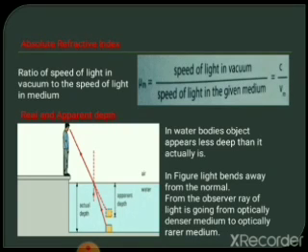As you can see in this picture, a person is standing over here and there is a sea of water. This portion is water, and he is trying to observe a wooden object. So what he will observe is based on real and apparent depth. The real depth means the actual depth.